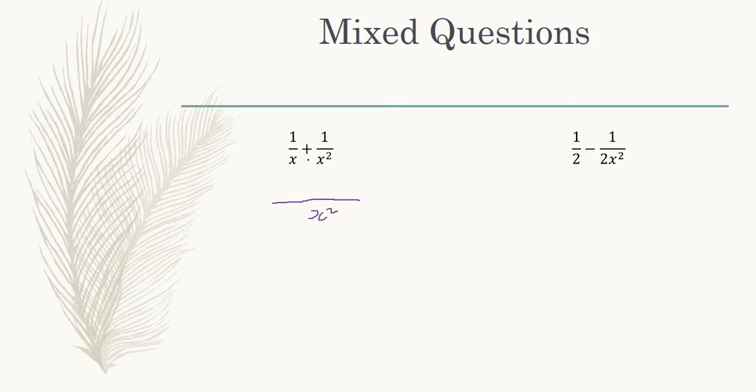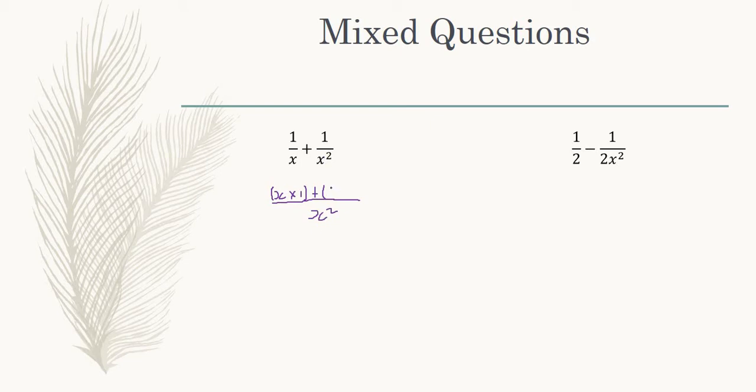Then we're going to take each denominator to divide the common denominator and the result to multiply the numerator. So x into x squared, that's going to give us x. And we're going to take that x to multiply our numerator of 1. Put back our plus sign. And then x squared divided by x squared, that's going to give 1.